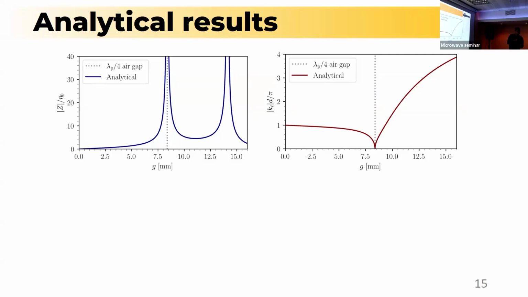If we check this transversal component, which was important and which was in our expression for the electric field, and to see how it is uniform or not, we can see that when we have the G equal to 0, we have a K component of the vector that is bounded by the walls, right? It will depend on the length of the cavity. But when we start to include the air gap, and particularly when we put the lambda over 4 gap, we are going to have this transversal component of the wave vector equal to 0.